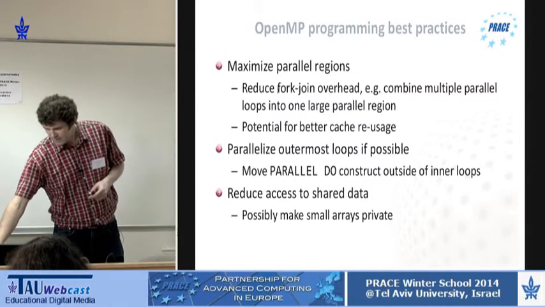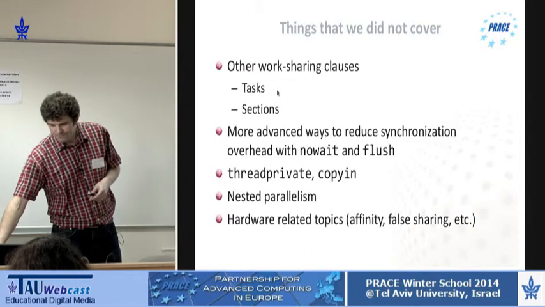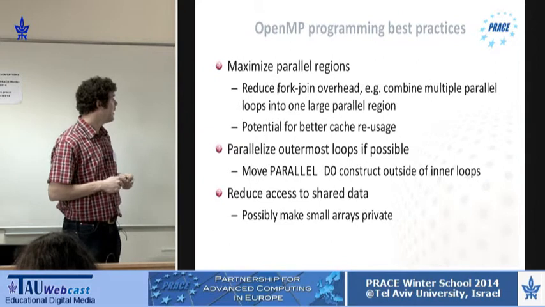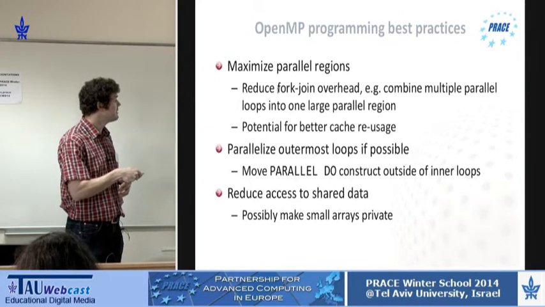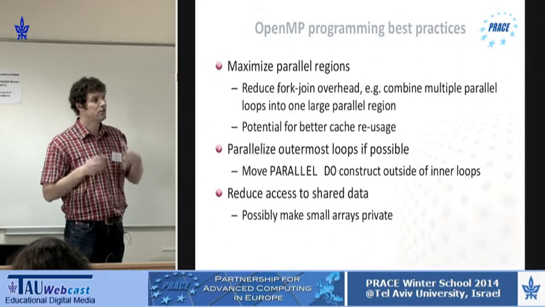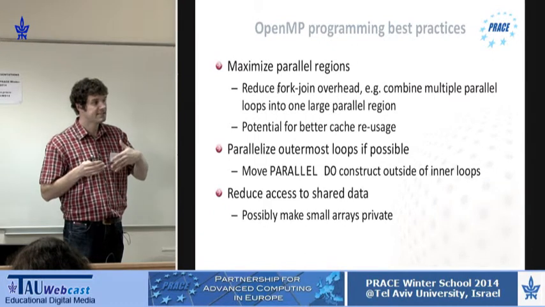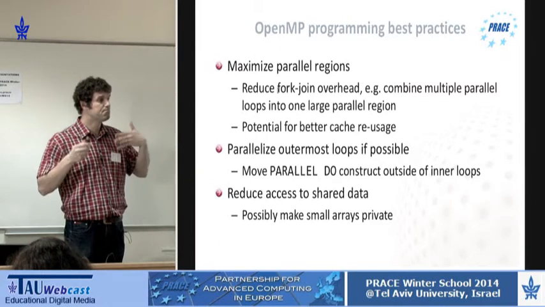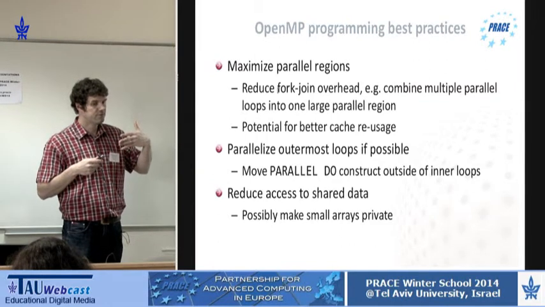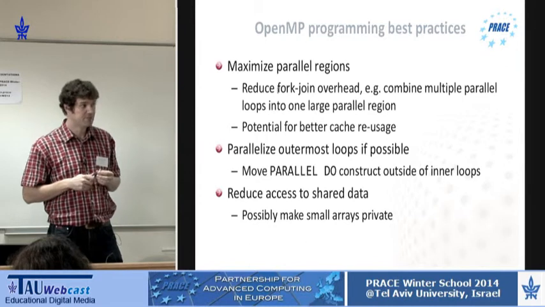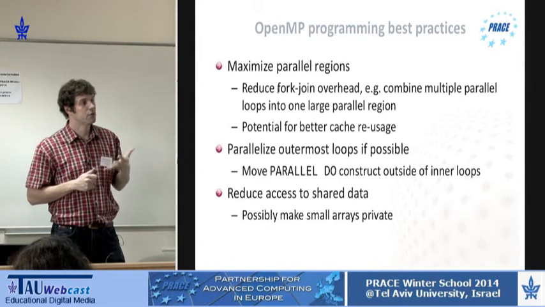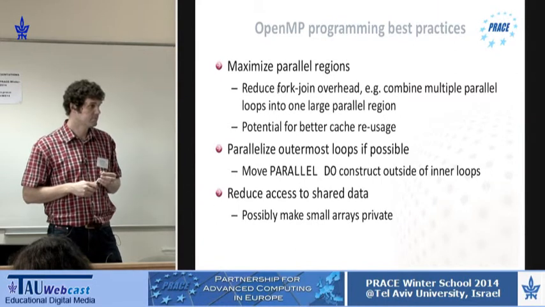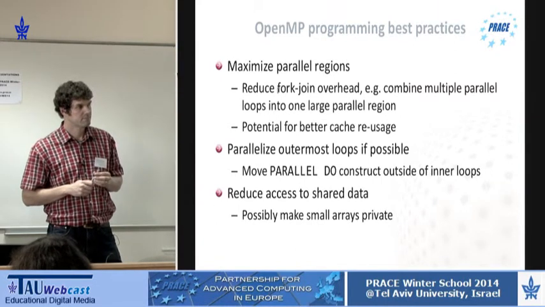Sometimes declaring some small arrays as private, so that when the threads are accessing the arrays, it's sometimes faster if they are private, even though from the logic of the algorithm they could be made shared. Sometimes from a performance point of view, there might be some benefits of making them private. So make the shared as small as possible.